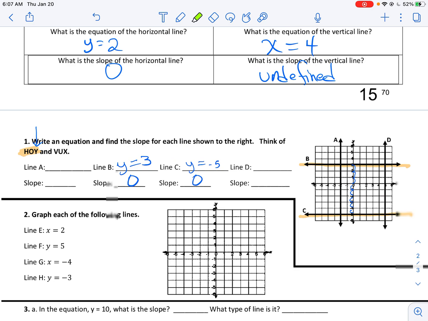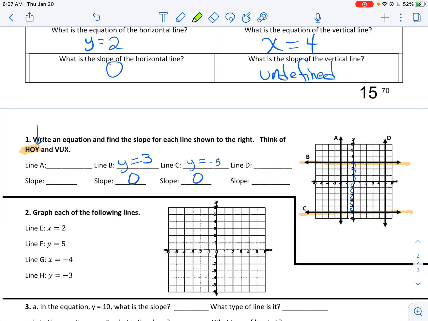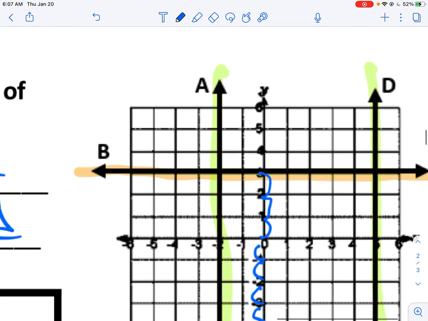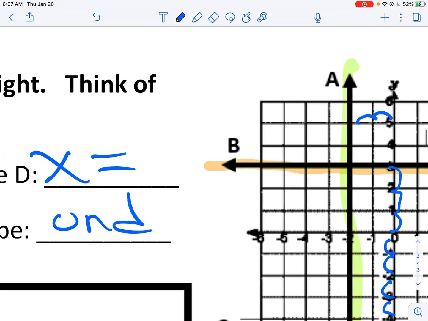Okay, so then the vertical lines, that means A and D. It says that if it's vertical, it's x equals. Okay, it says the U, so that means that's undefined. So let's find out what x equals. We go over 1, 2.